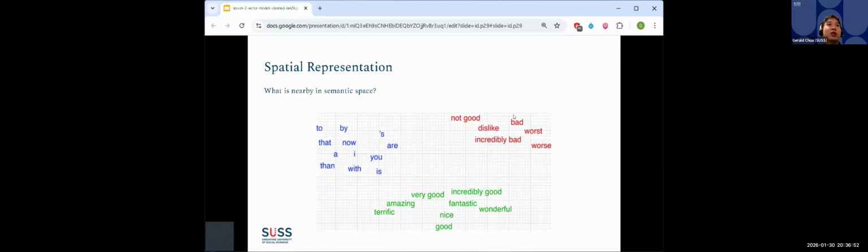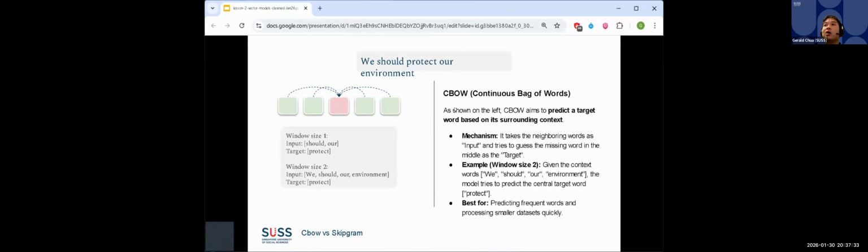The question now is what is nearby in this semantic space. Words that are related are quite nearby each other, and words that mean very different things are quite far apart. This is just to show you what a two-dimensional spatial representation could look like.